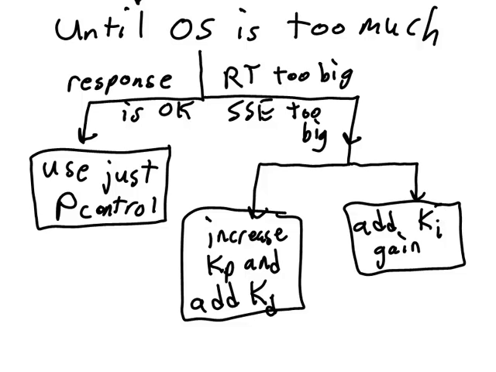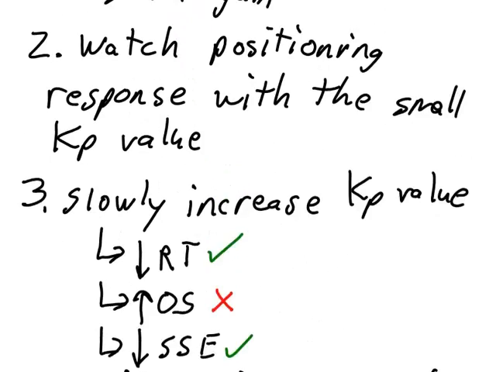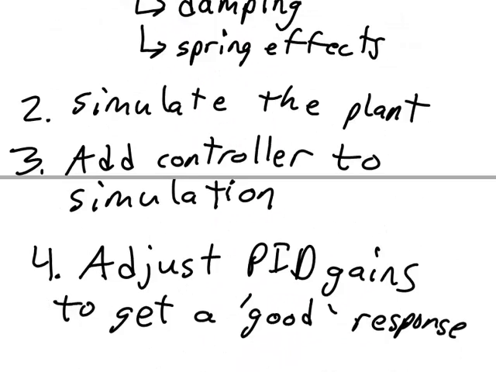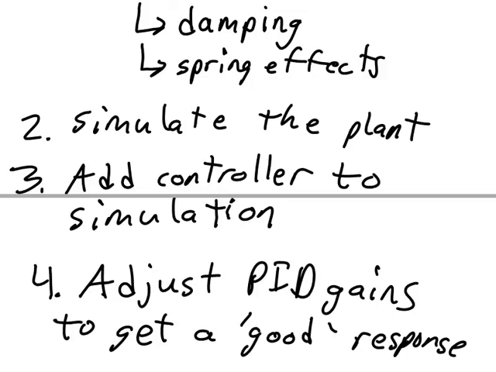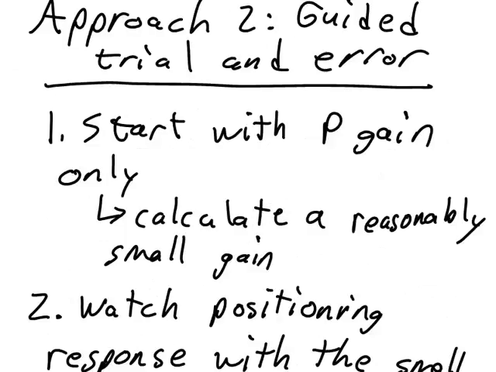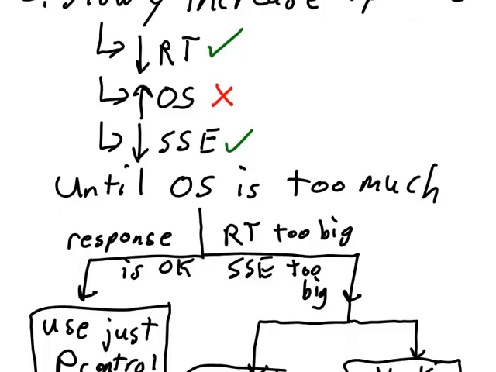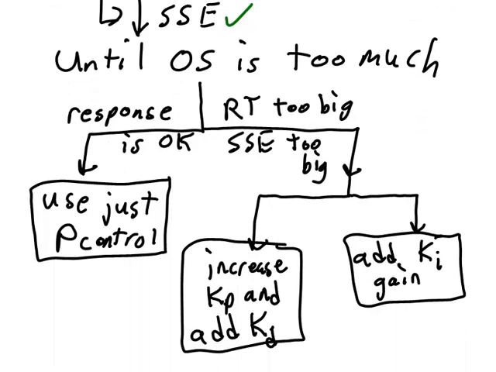Even if you take the first approach, which involves modeling the system, we still have to go through a final step of adjusting the PID gains in order to get a good response. So this process of trying different gains and watching the response is a kind of skill that you would develop as a motion controls engineer.